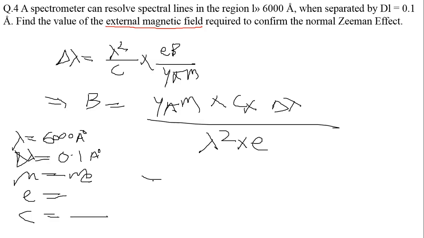So please put all these values and tell me the answer. I'm waiting for your answers. Please calculate by putting all these values and tell me what is the answer.